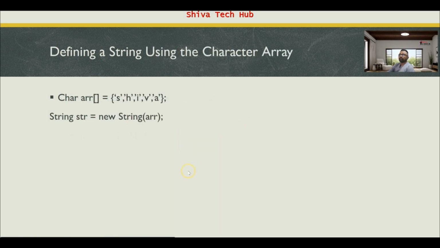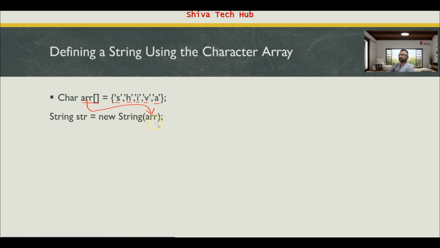Now let us try to understand the third way, which is by using a character array. Here we need to define an array of characters and store each character at a specified index position. Here we are storing 5 characters. After that, we need to create a new string object, and we can pass this array as an input to that string object.